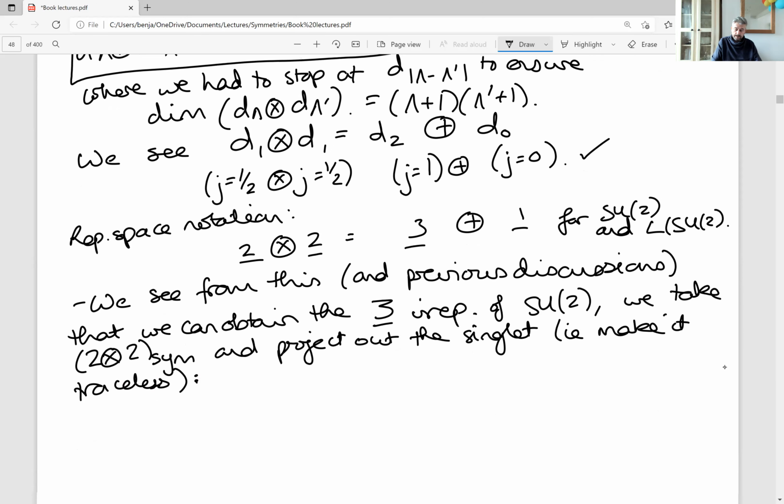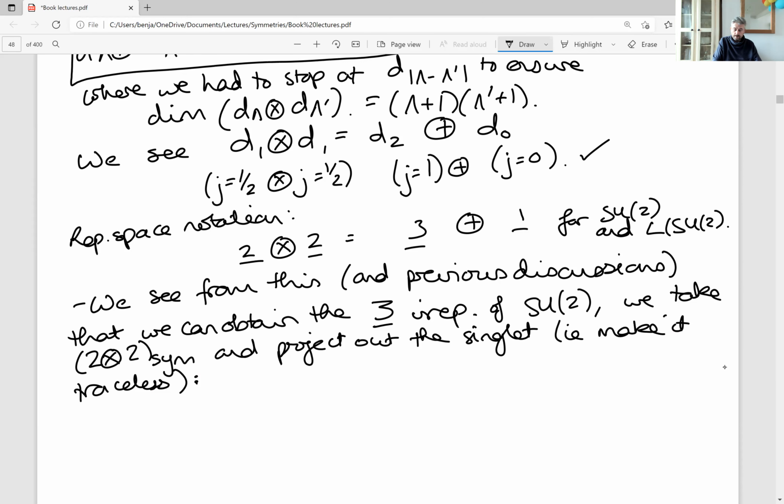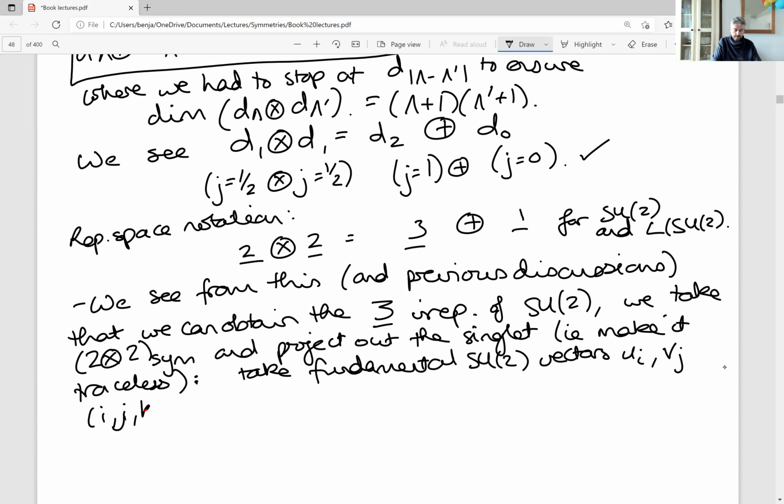So, okay, to show you how we do that in the formula, take fundamental SU2 vectors. We'll take them to be U and V, and they have indices I and J. And all these indices are just either 1 or 2, so they're fundamental indices.